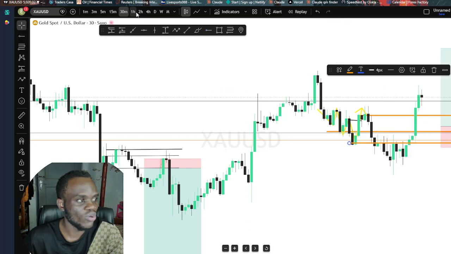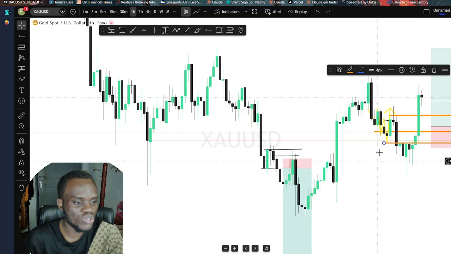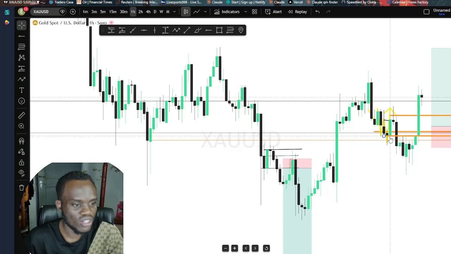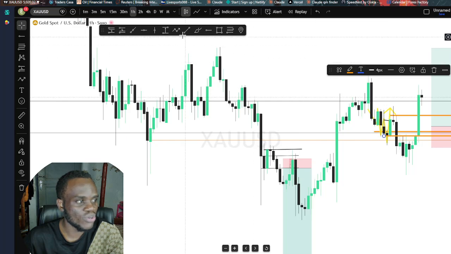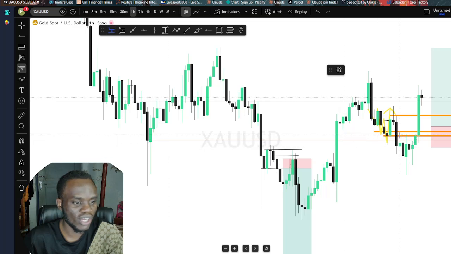On the 1 hour, we would refine up to this zone, so we could sell from here or here. I had to trust both of them because the market would come back around here. Since this was a higher time frame zone, I had to consider this.